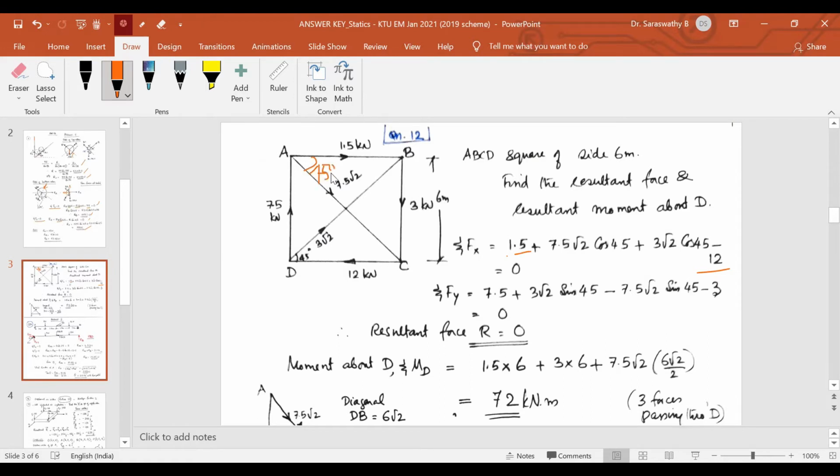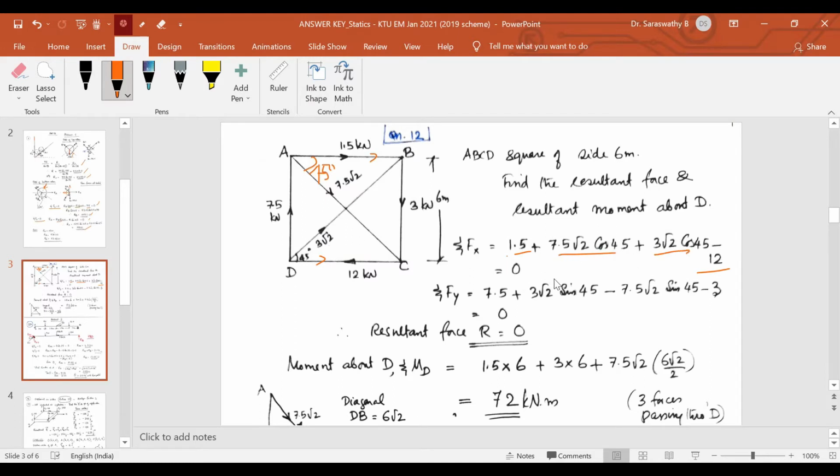So the horizontal component will be along this direction, 7.5 root 2 cos 45. Then for this inclined force, the horizontal component will be 3 root 2 cos 45.